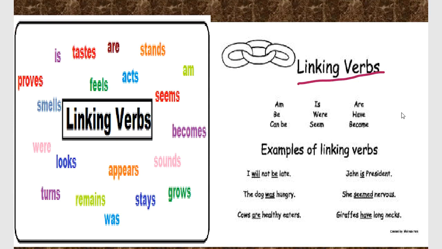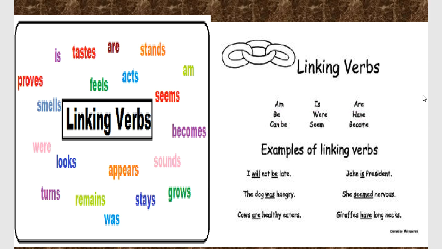Now see, the linking verbs are again the same as the primary auxiliary verbs. Can you see? The same: is, am, are, be, were, have. So this is a form of the be verb. Is, am, are are forms of the be verb, and were, have, can be, seem, and become. These also are linking verbs. Now then, what is the difference between the linking verb and the auxiliary verb?